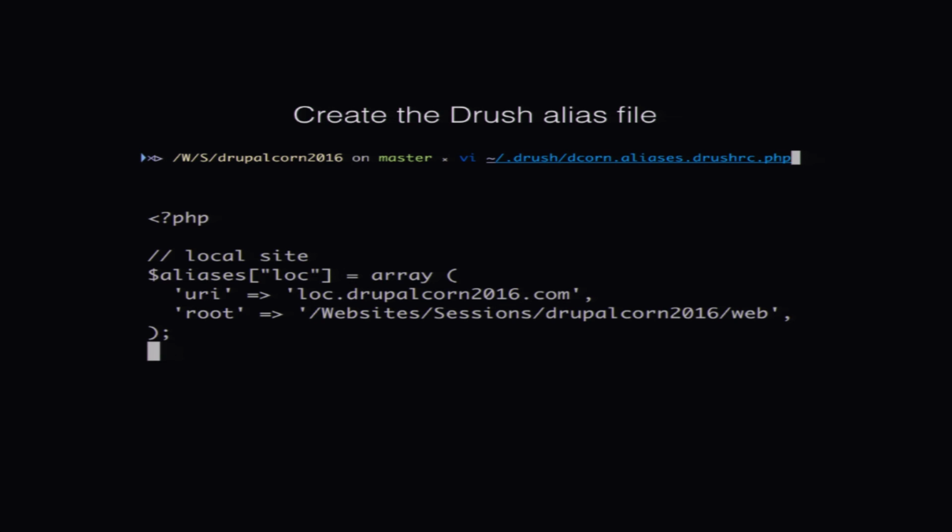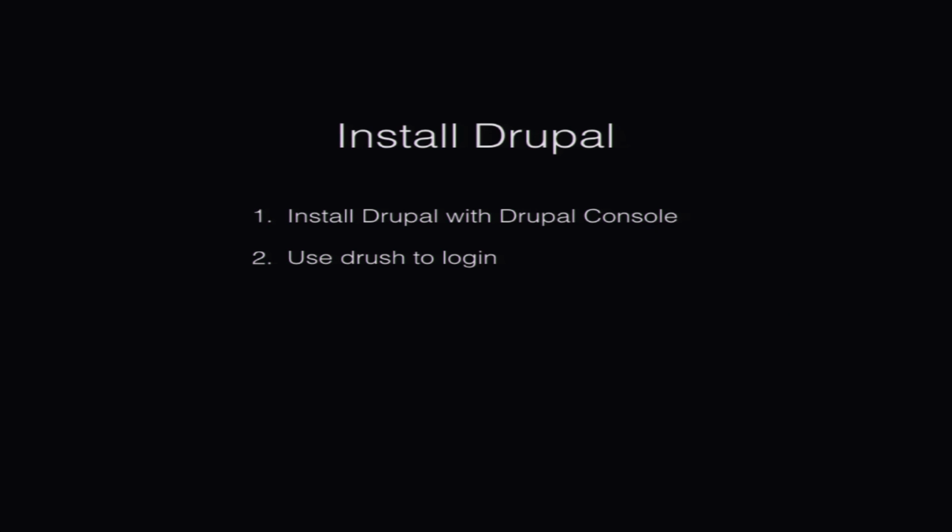This site name is very important, and what you put in the aliases key here, in my case I did loc, that's also important. The rest of it just says, here's the URI, and here's where my actual Drupal installation is. That's all there is to it. It's pretty straightforward. So remember, dcorn and loc. We'll see those in just a minute.